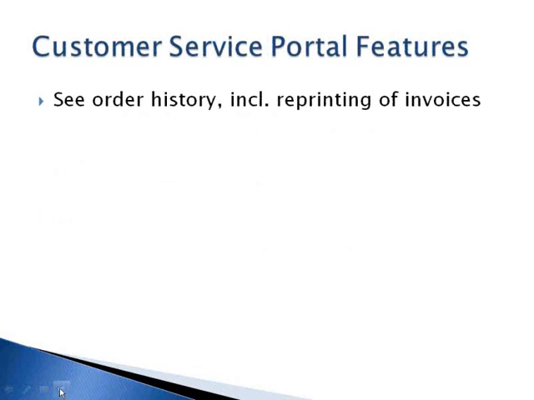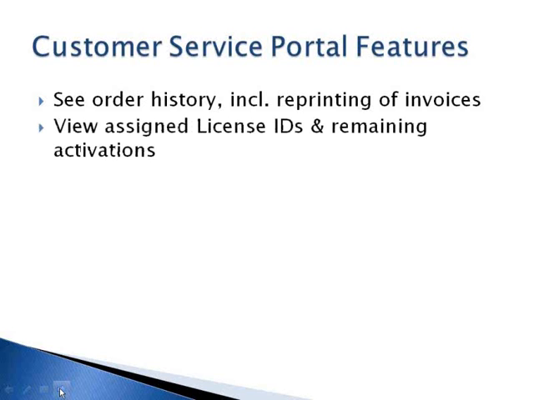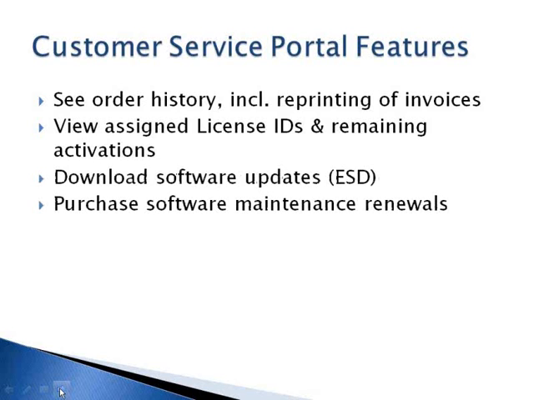Very similar to any shopping cart's account management page, one of the main features of the customer self-service portal is to see all of the customer's order history, including reprinting of invoices. In addition, since the SoftwareKey system is all about license management, the customer can view assigned license IDs and remaining activations.